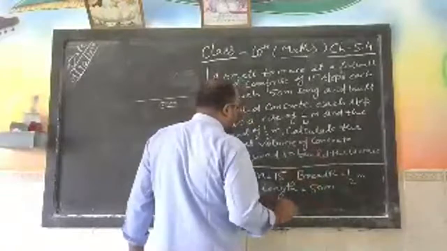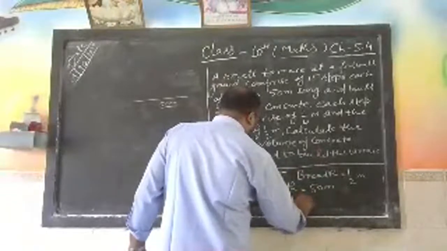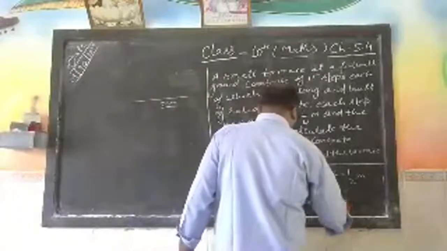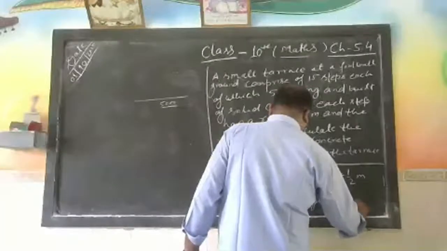Total length is given here 50 meter, and height is given here 1 upon 4 meter.